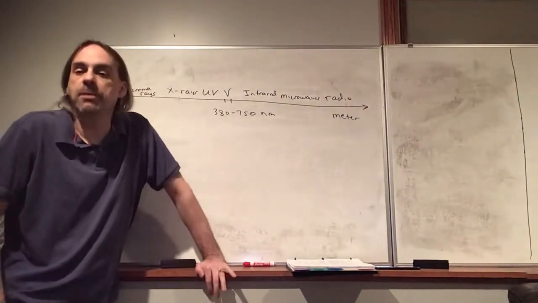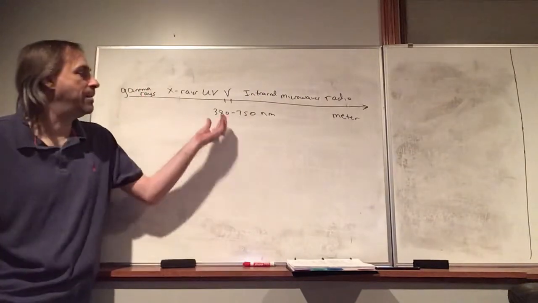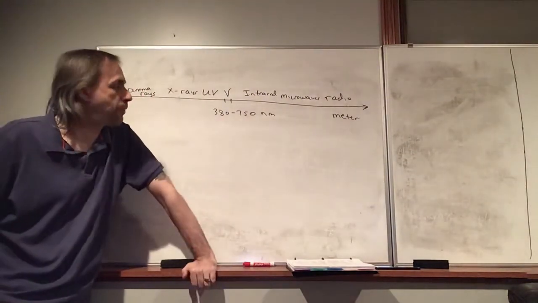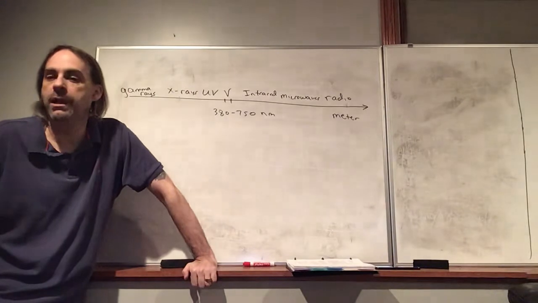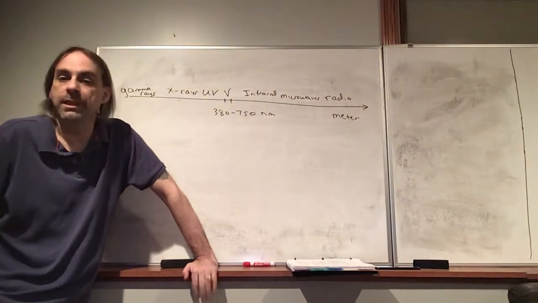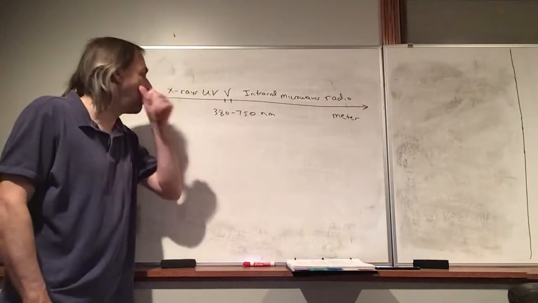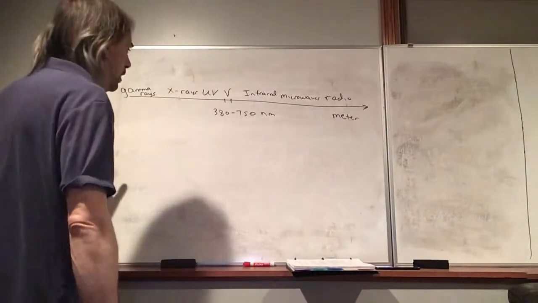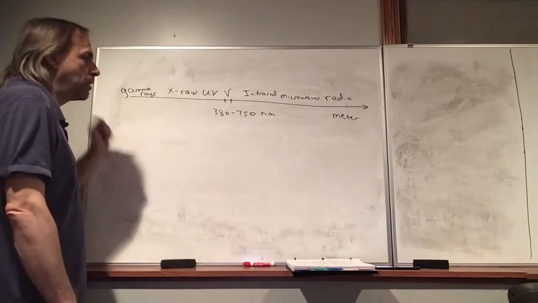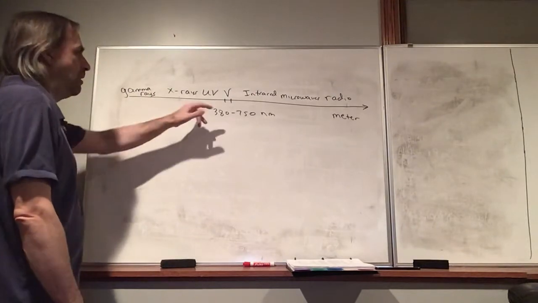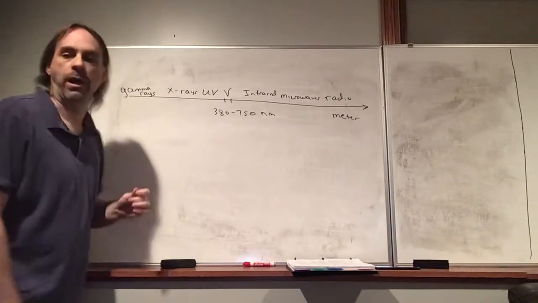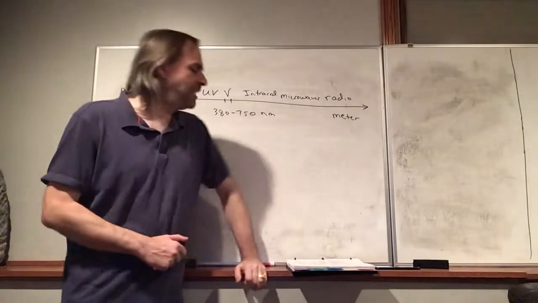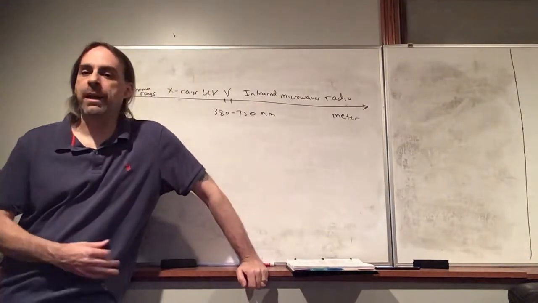It does depend on the individual a bit. So if you're exposed to 380 nanometer radiation, maybe you won't see it, or 750, but maybe some people will, some won't. And then we get to very short wavelength: ultraviolet, X-rays, gamma rays. And I said light is electromagnetic radiation.